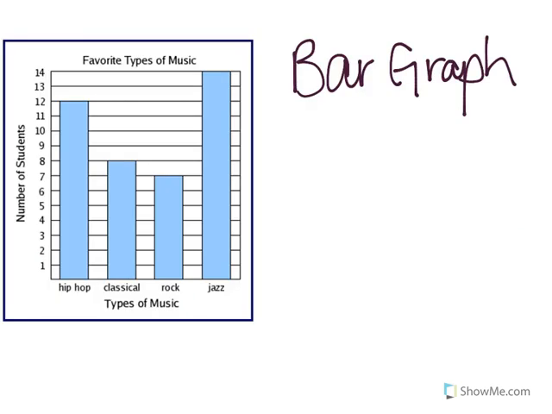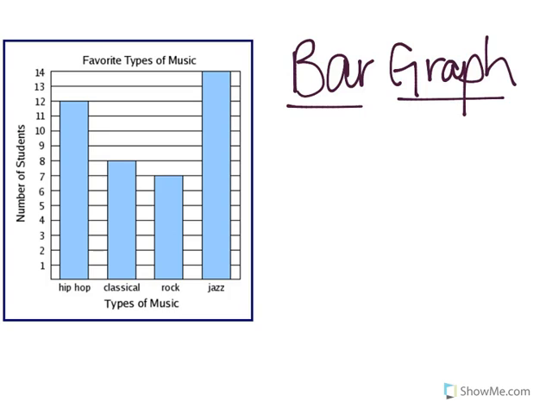We can also use various data displays to find the median of a data set. So, for example, looking at this bar graph, before I can find the median, I first need to find what the pieces of data are that this data display is telling me.